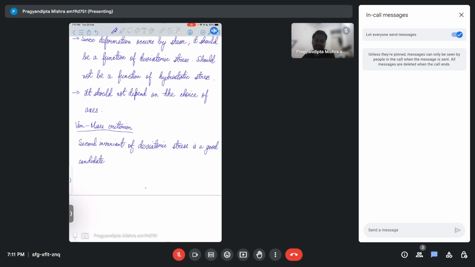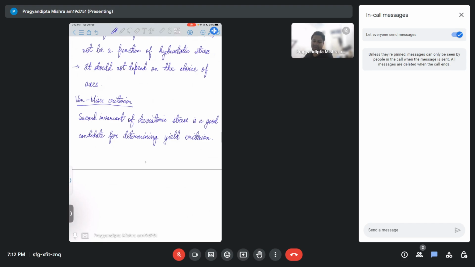So this is what essentially the von Mises criteria states. Second invariant of the deviatoric stress is a good candidate for determining the yield criteria.